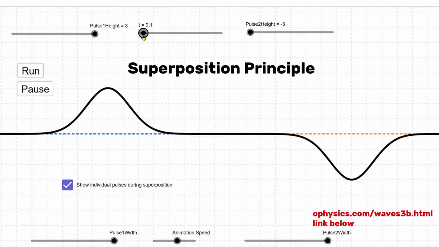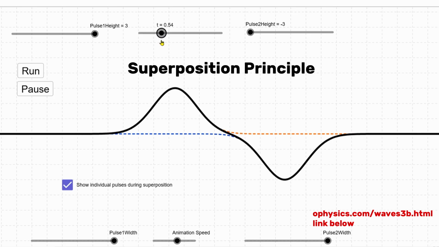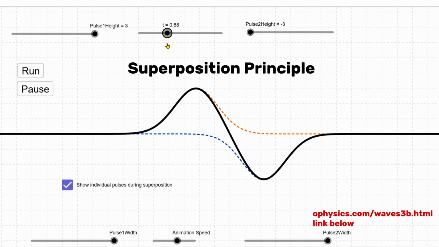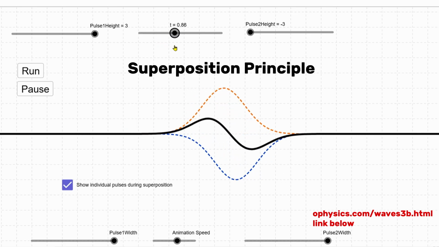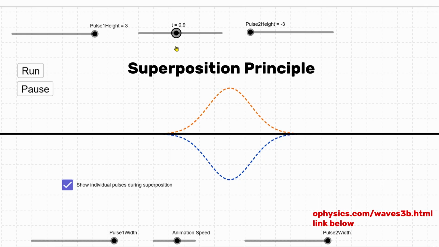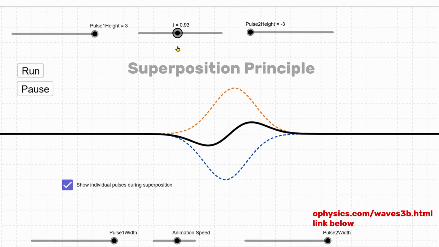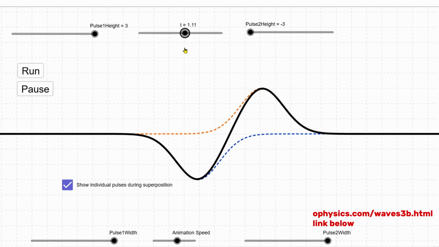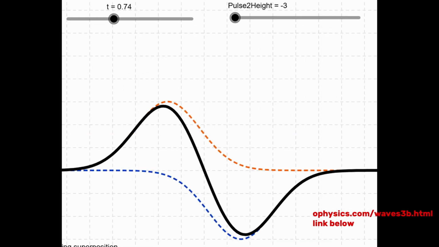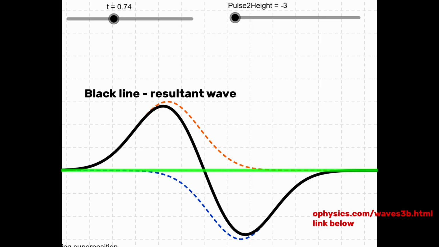So again, we apply the superposition principle and add the individual displacements together at each point along the wave. When we scroll forward to a time of t equals 0.74, if we were to add together the orange and blue pulse waves at every point along the x-axis, their values would sum to the resultant wave here.